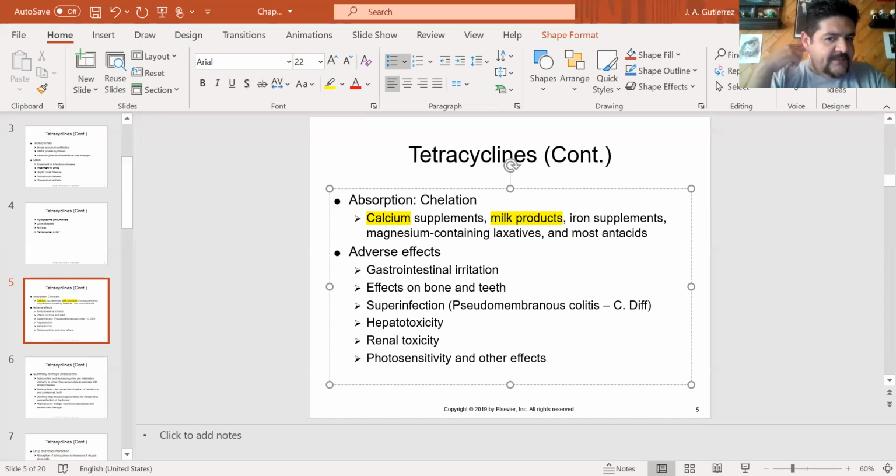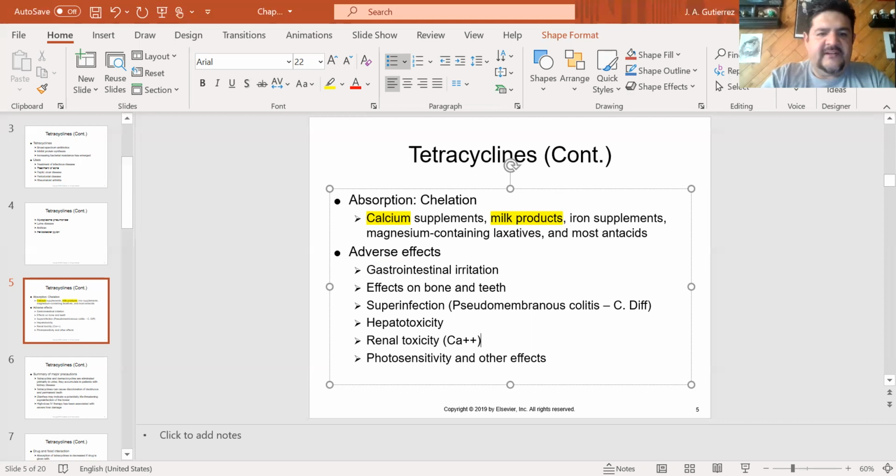Also, this medication can be hard on the liver, so it will be a hepatotoxicity. And part of the tetracycline is excreted to the kidneys. So it says here renal toxicity only if it's attached to calcium. So what happens here?